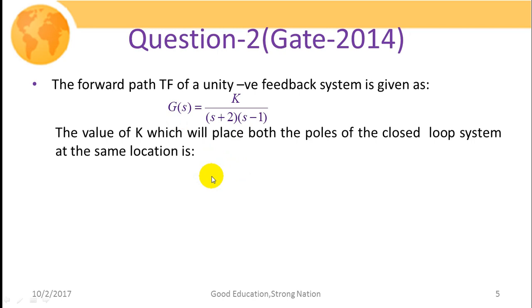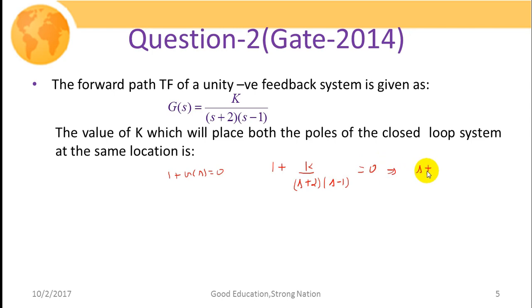So what will be the closed loop characteristic equation? It is given by 1 plus G(s) equal to 0. So we are left with 1 plus K times 1 over (s plus 2)(s minus 1) equal to 0.